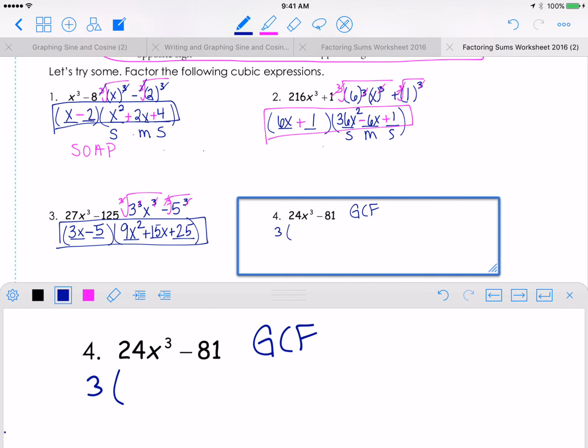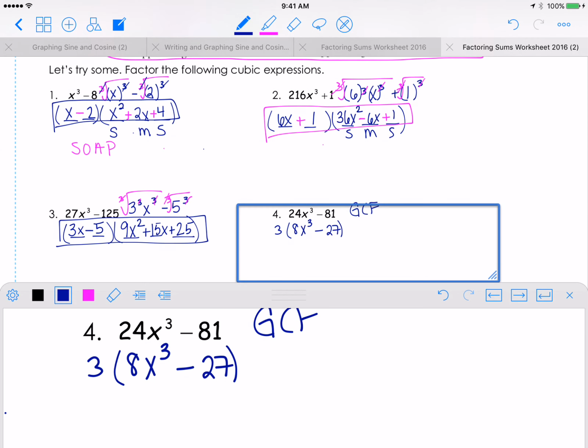So 24, if we take out 3 out of 24, we get 8x cubed minus, and if we take out 3 out of 81, we get 27. So now, don't forget to bring the 3 down with you. So when you set up your binomial times your trinomial, you don't leave out that factor, that GCF that you took out.